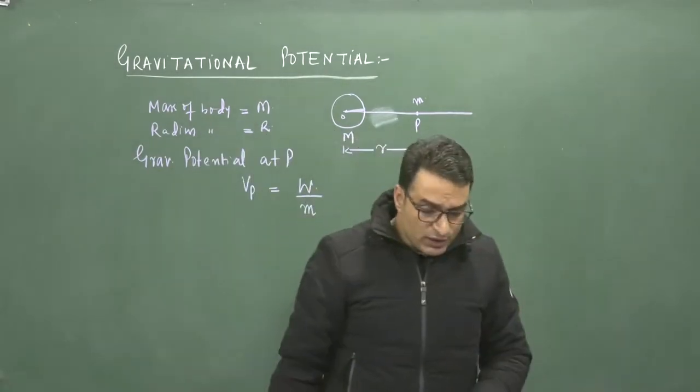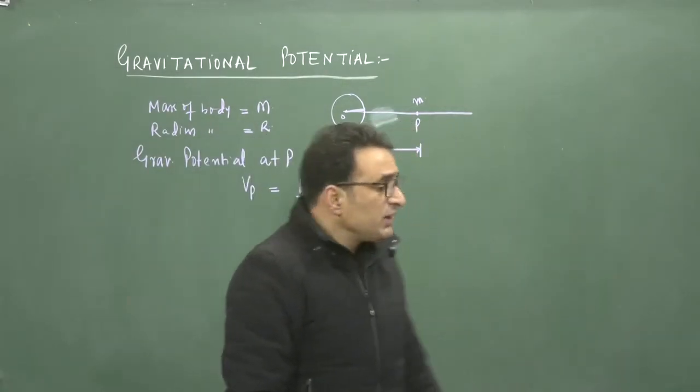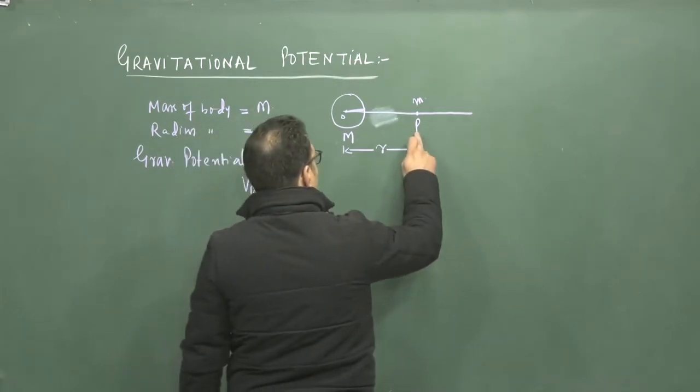This is the definition for the gravitational potential at point P.